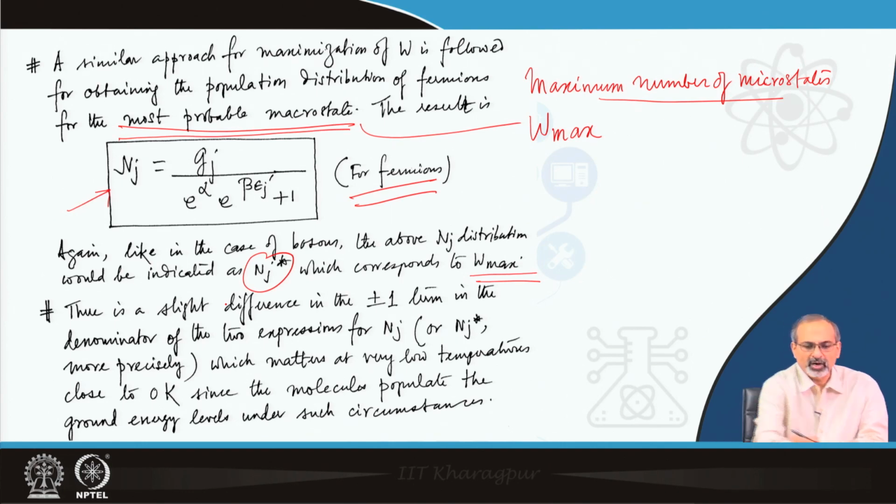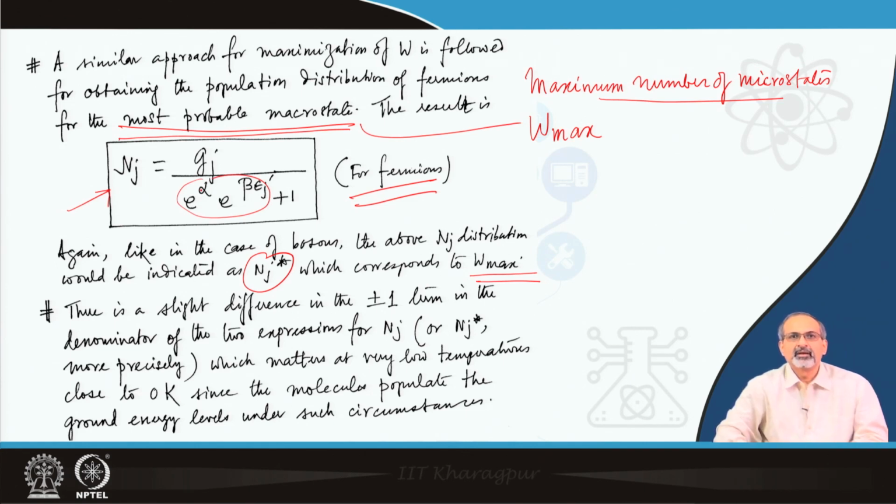We still do not know how big or how small it is with respect to these exponential terms, but if those exponential terms are rather big, then this 1 may not make much of a difference, but we again need to know when it makes a difference and when not. Now, if we are going to very low temperatures, how would the thermodynamic system behave at that time? How would the gas molecules behave at that time, close to 0 Kelvin?